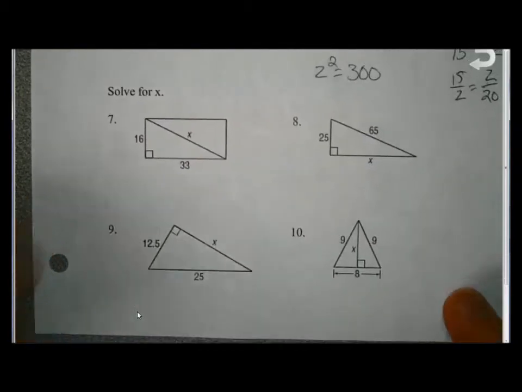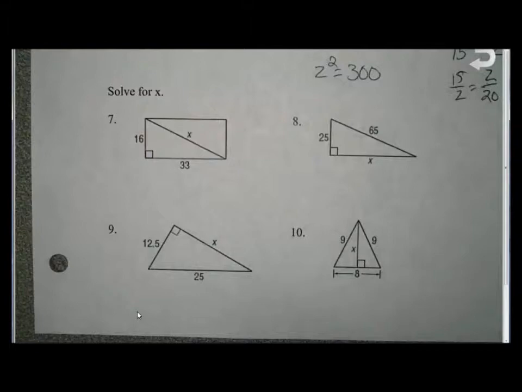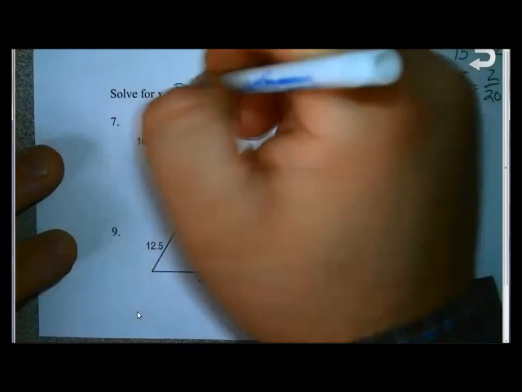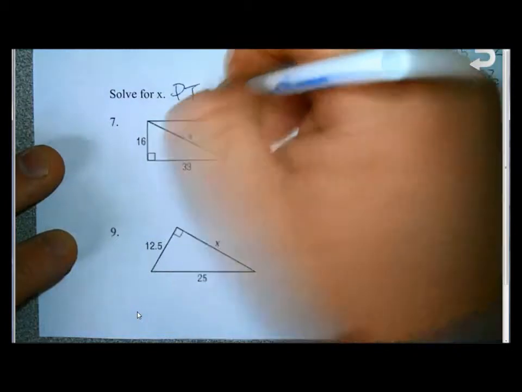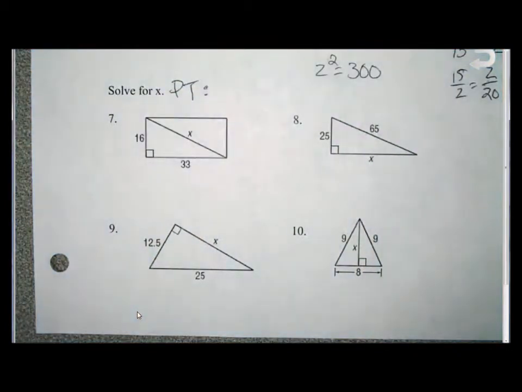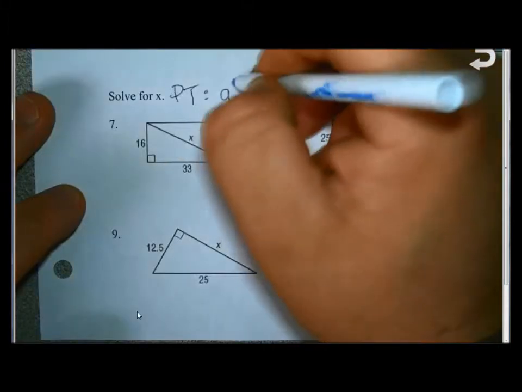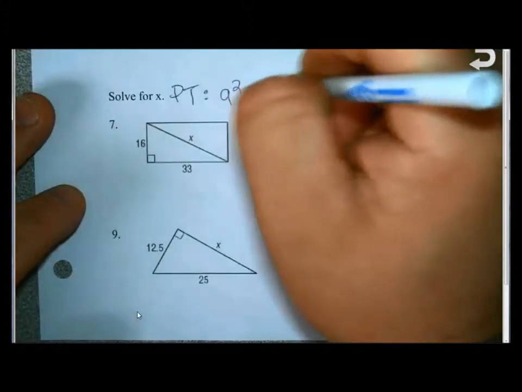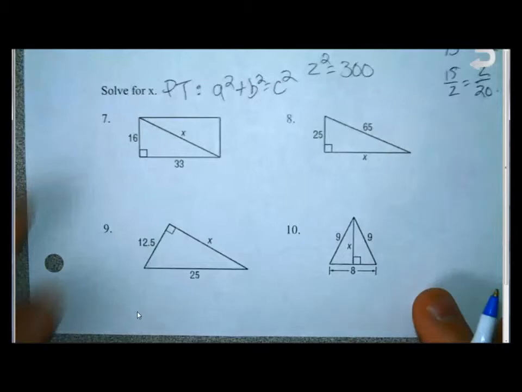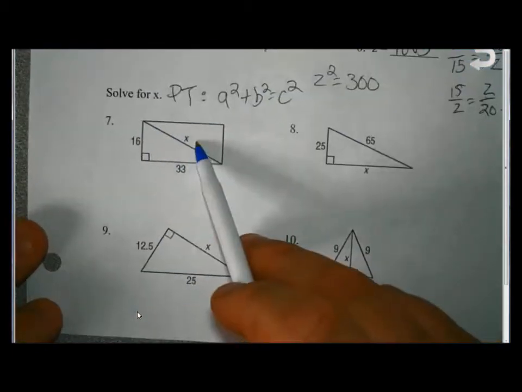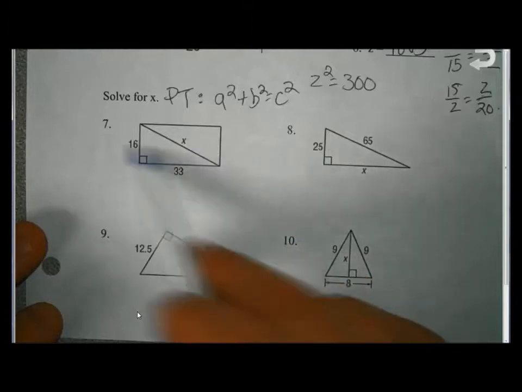Alright. Now we're going to take a look at the Pythagorean theorem. And remember, these 4 problems are a review of the Pythagorean theorem. So I'm going to write PT here. What is the Pythagorean theorem? Like, what's the formula? A squared plus B squared equals C squared. Now, when you're solving for the hypotenuse, what are you going to do to the squares?